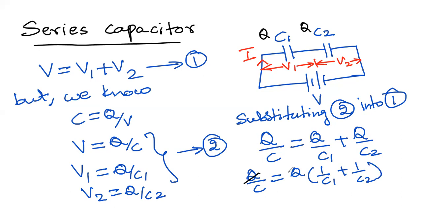Q and Q get cancelled, and hence we have 1 over C is equal to 1 over C1 plus 1 over C2. So this is the expression for series capacitors.